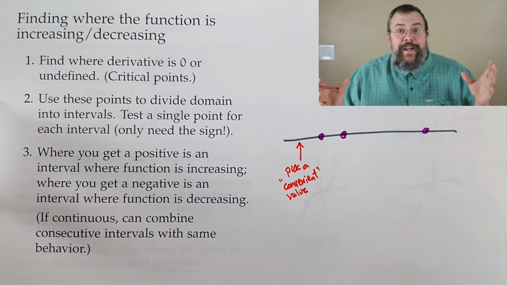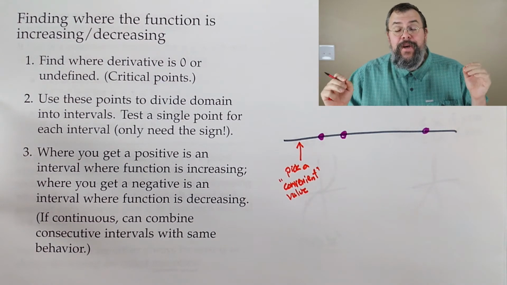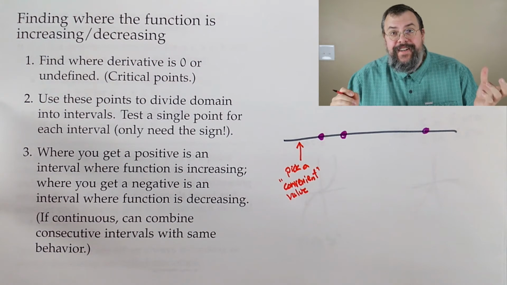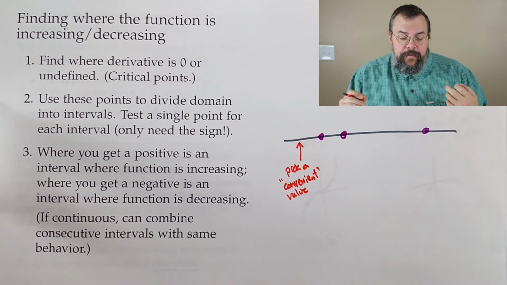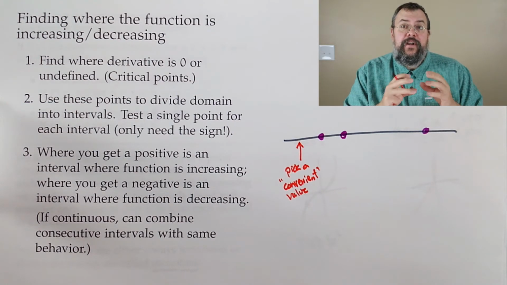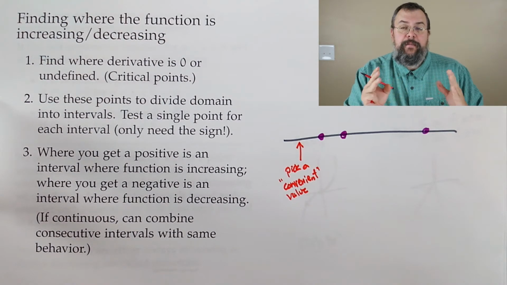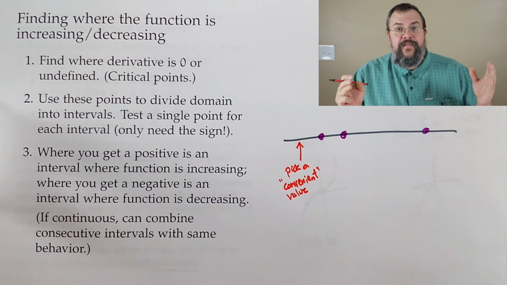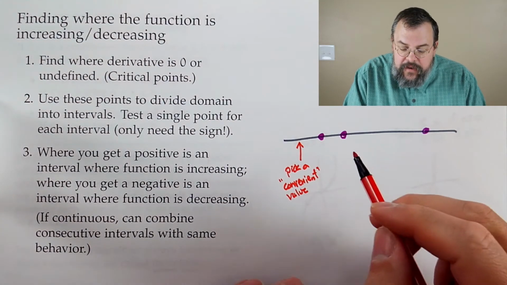Well, there are infinitely many numbers to pick for any interval. You want to pick one that's easy to determine, and so your goal is just to figure out what's easy. And by the way, on a side note, oftentimes if you can express your derivative as a product of things, in other words, if we're able to factor it, it's going to be a lot easier to figure out what's going on. All right, so pick a convenient value, and you have to do it for each interval.